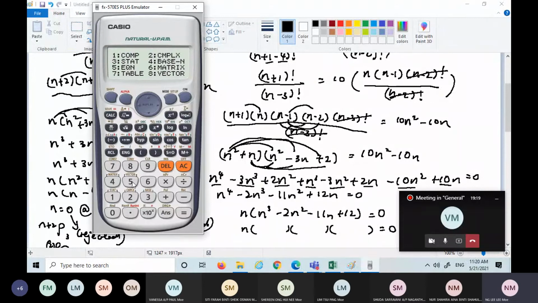Equation number 5. Okay, your black color calculator, same thing. You call for equation. Now you have here x to the power 3. So for your equations, you choose unknown, the arrow to the right.